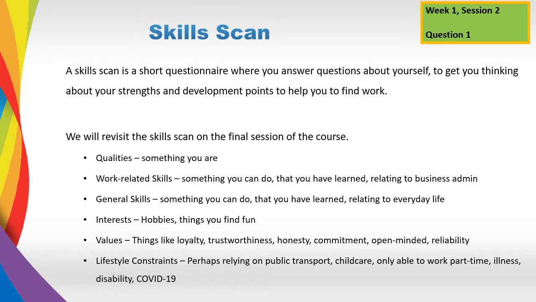A skill is something that you can do and that you've learned. Because we're looking at work-related skills, we're going to relate them to business admin. So this time we're going to say I can. So I can touch type, I can use a computer, I can file away my bills. If you're good at that type of thing, I'm certainly not.